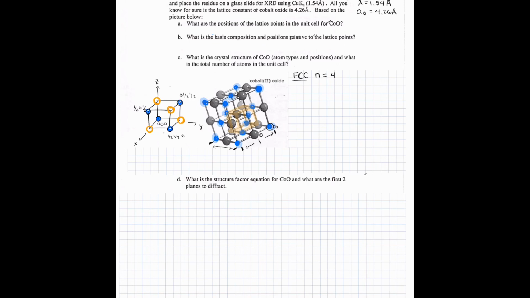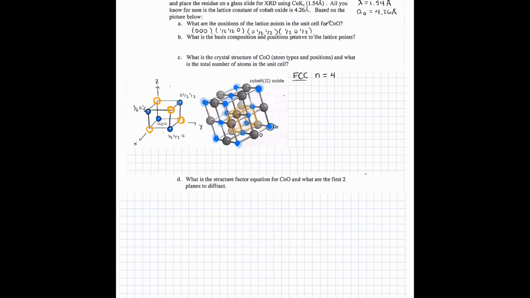So I'm saying 1/2 because we took an eighth of that cube. Now we have our eighth, and from this we found the points: 0, 0, 0; 1/2, 1/2, 0; 0, 1/2, 1/2; and 1/2, 0, 1/2.